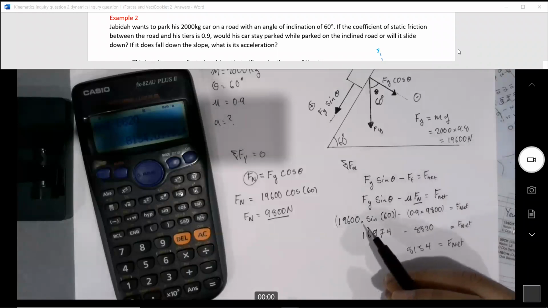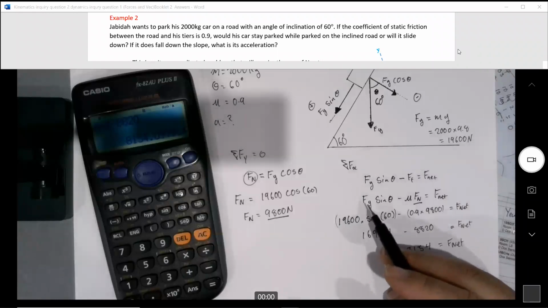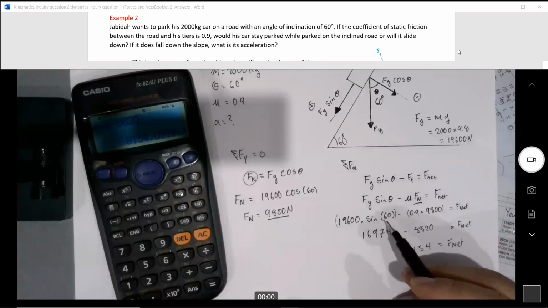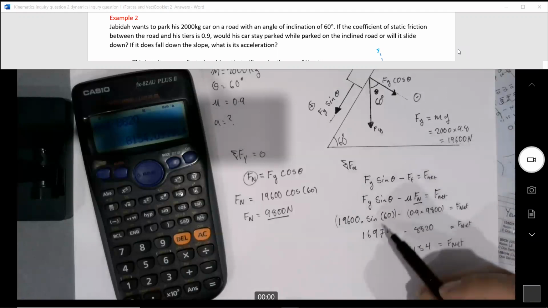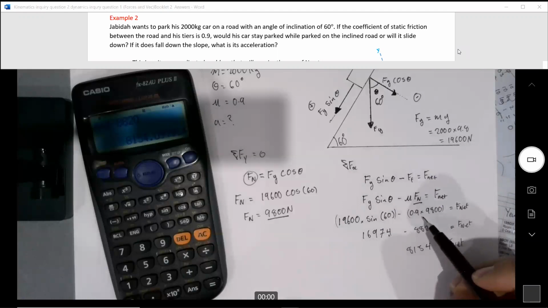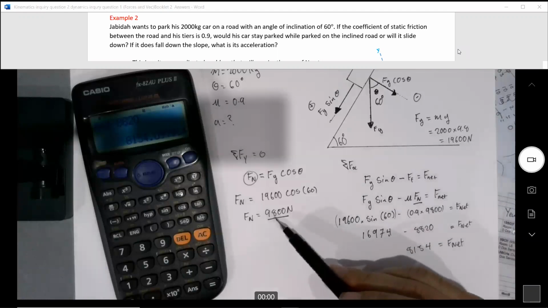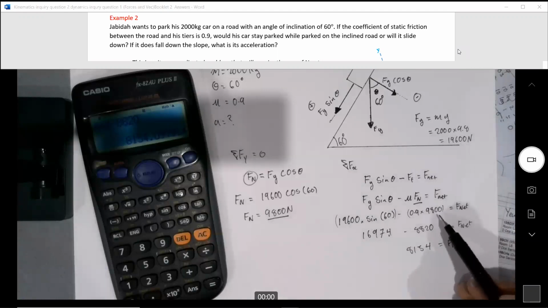Okay, so we've done that. Fg sine 60, we've got Fg, 19,600. That gives us that value, along with our frictional force. We know our coefficient is equal to 0.9. We know our normal force is equal to 9,800. So that's what we've done there. We've ended up with this value.